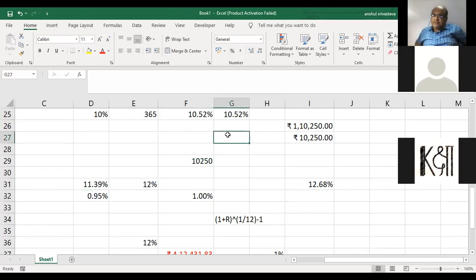Got it? So this is also the way, or you can use the effective and nominal functions also, but be very sure that if you are calculating for predefined products, you are going from nominal to effective, and if you are calculating for market-based products, you are coming from effective to nominal.